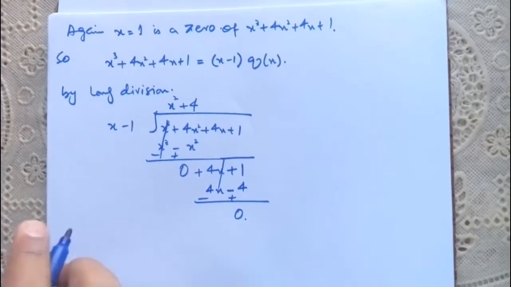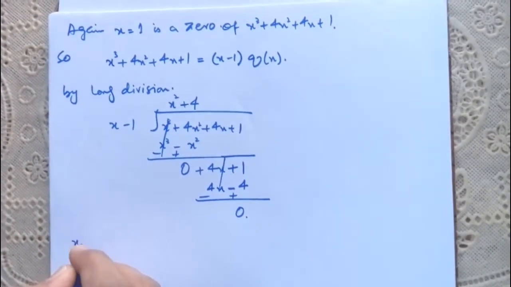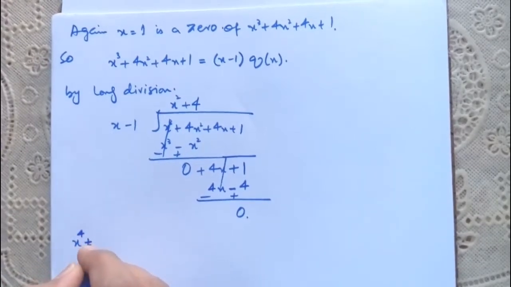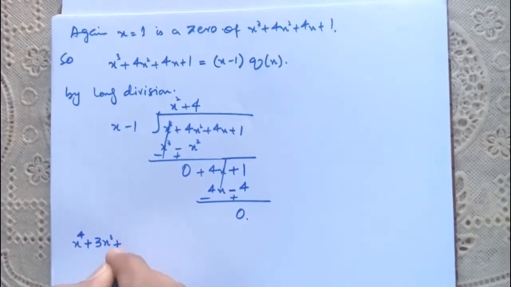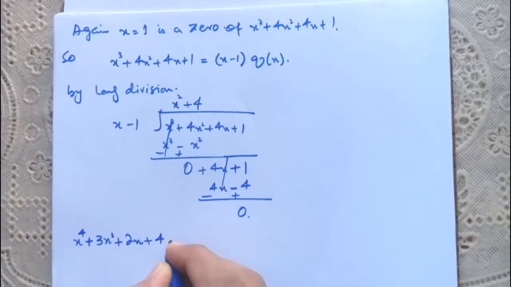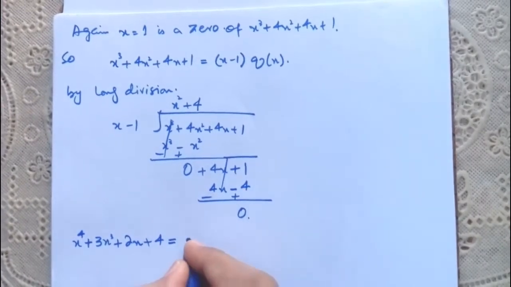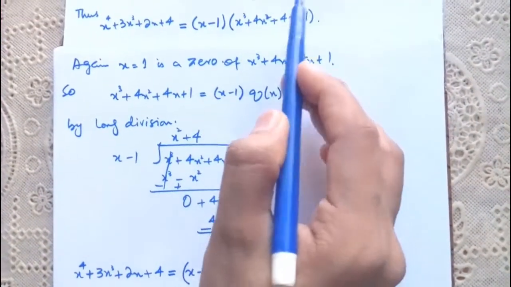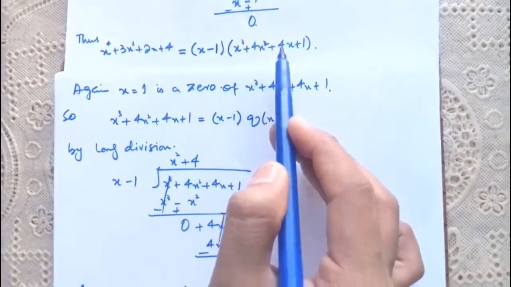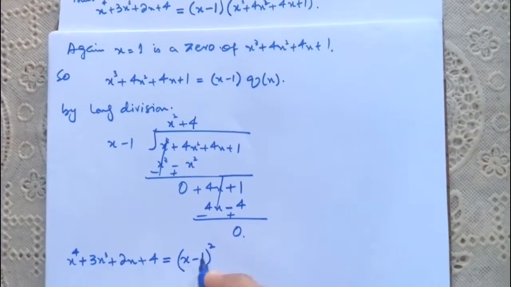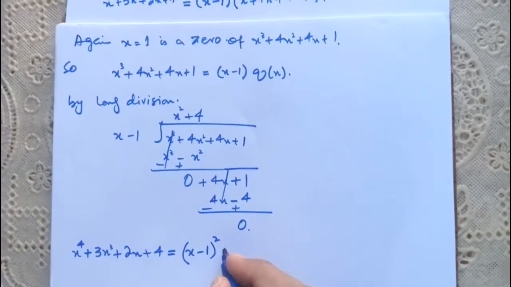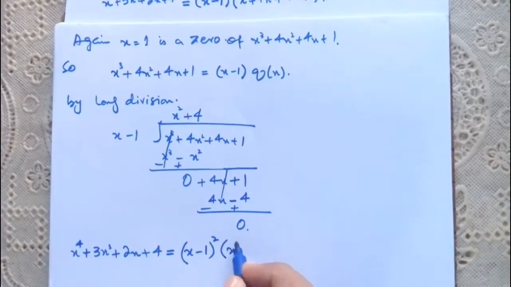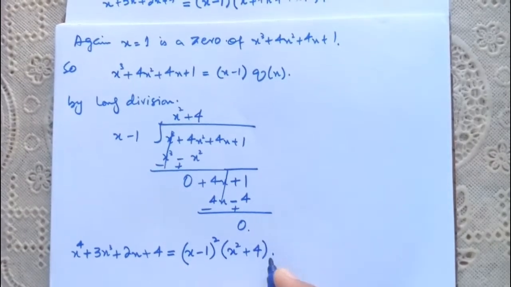So f(x), and what is f(x)? f(x) was x^4 + 3x^3 + 2x + 4, which is equal to (x - 1) times this factor, and this factor is again factorized into two factors, that is (x - 1)^2 and the factor x^2 + 4.